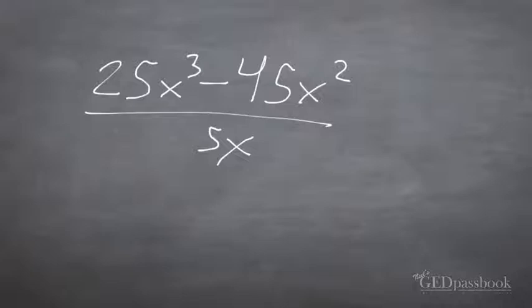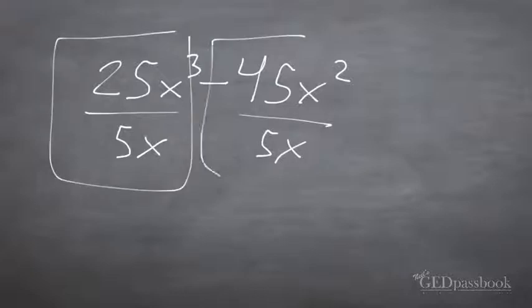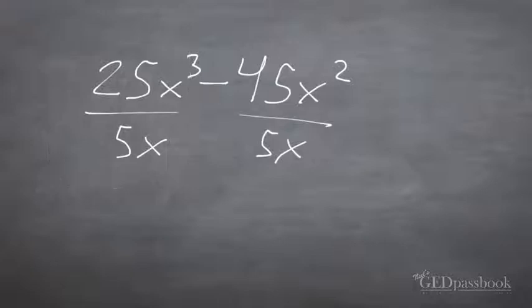If you want to see it better, you could just write it underneath on each, making two separate fractions. That way, it helps you see it better. But either way, it's going to be the same thing. What you do is divide the numbers, and then yes, you divide the variables. But instead of adding the variables' exponents, you subtract.